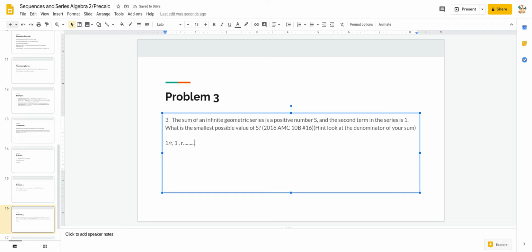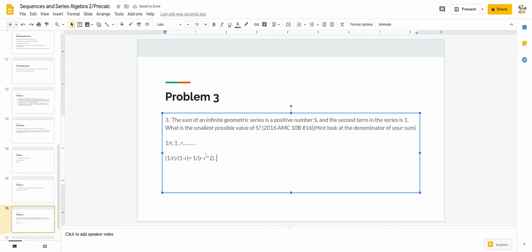That's kind of what I would do. And then you can use your infinite sum technique that we talked about, and you can write the sum as 1 over r divided by, wait, let's write this like this. This is also equal to 1 over r minus r squared.